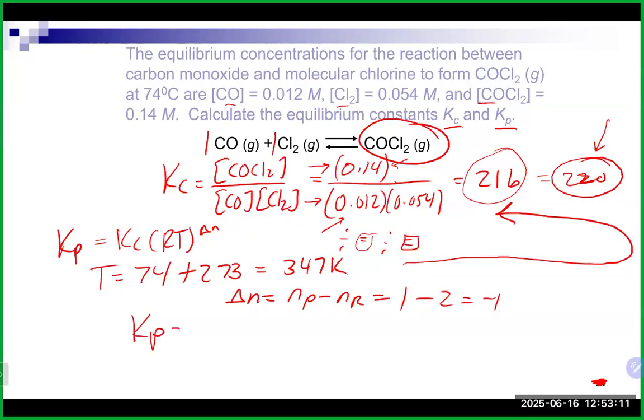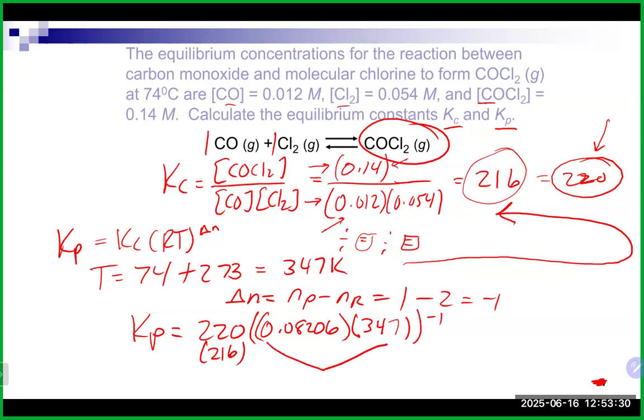So our Kp, again, depending on which number you went with, if you went with the 220 or the 216, you would end up with 0.08206 times 347, and again to the -1. Once again, you probably want to do that part first on your calculator.